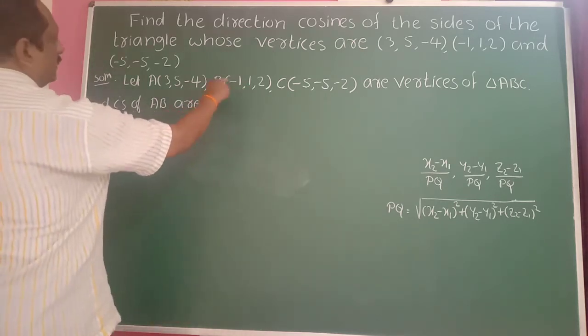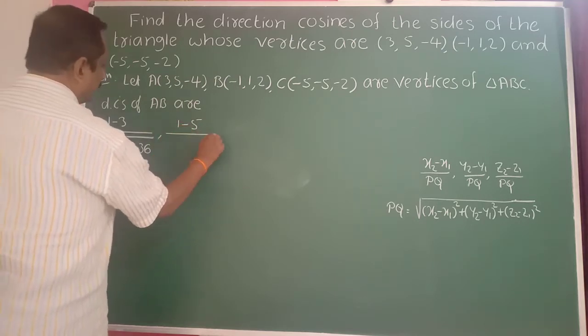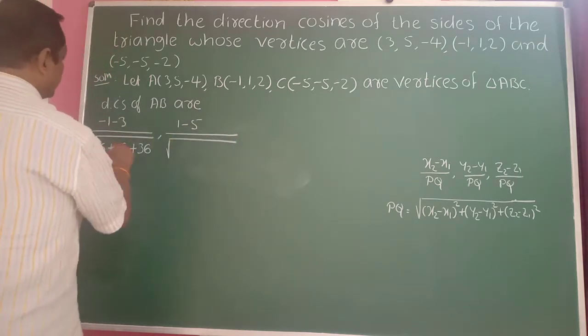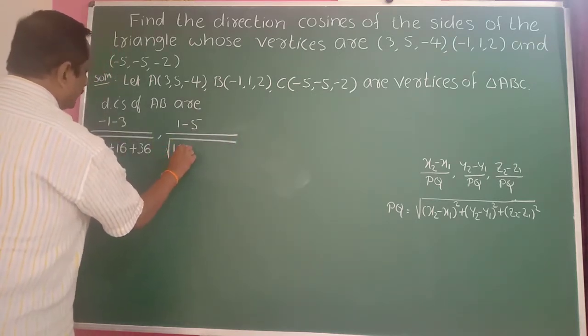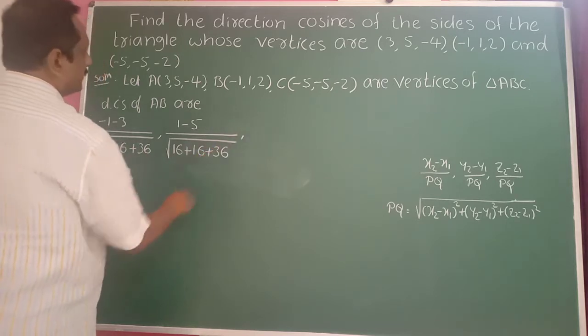Then (1 minus 5) divided by the root of the same 16 plus 16 plus 36.